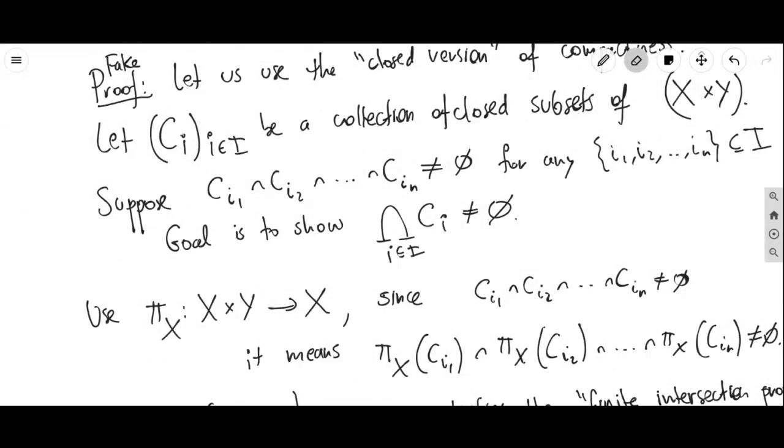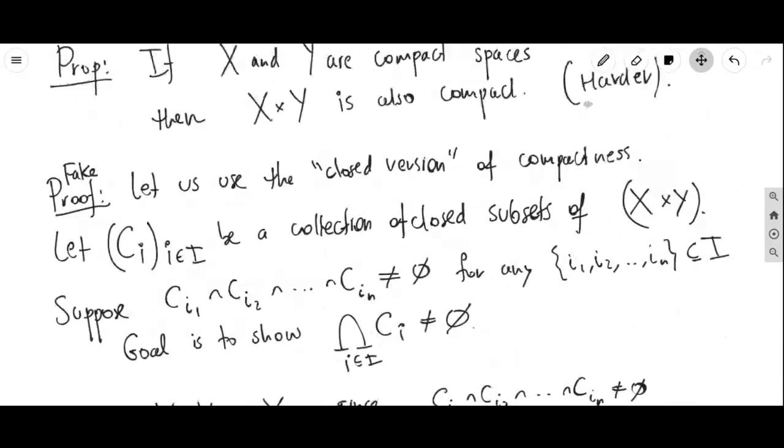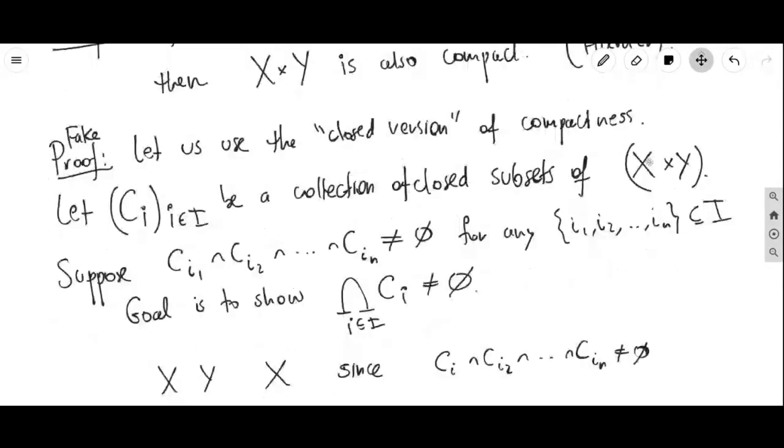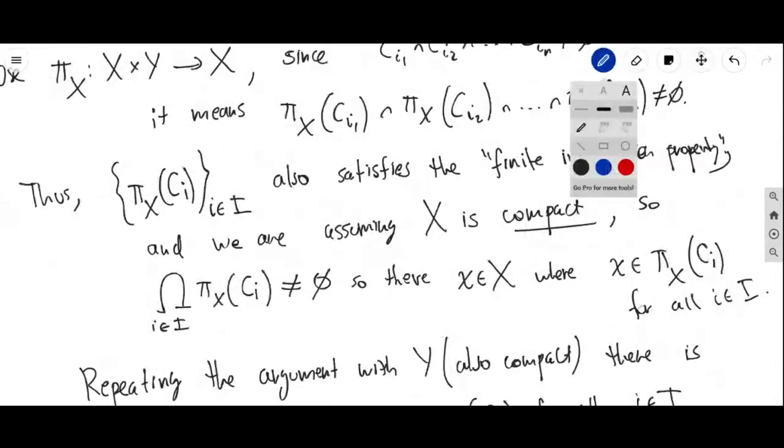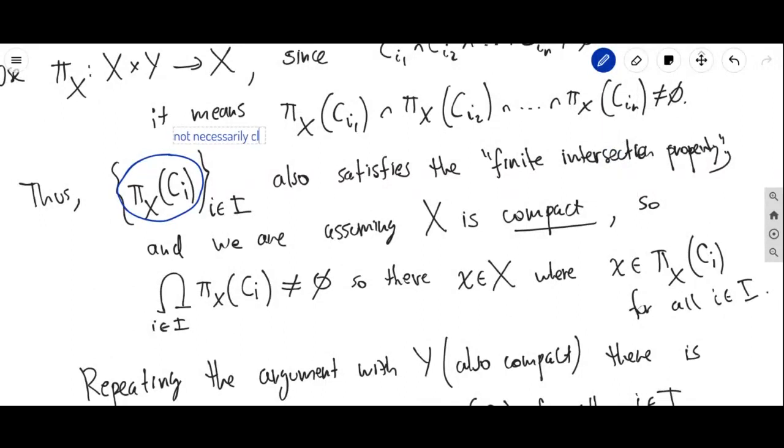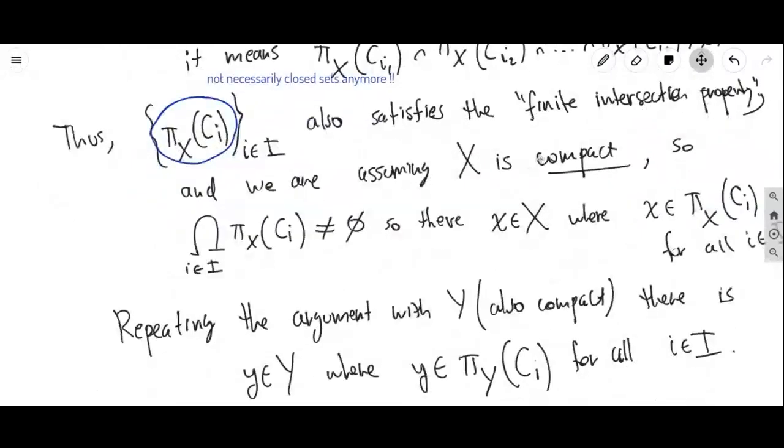That's a fairly nice proof. It's also nice because you get to see that using the closed version somehow makes it go very smoothly, but there is a flaw in this proof. And maybe you notice what the flaw is. The flaw is that these are not necessarily closed sets anymore, because the projection maps do not need to be closed.